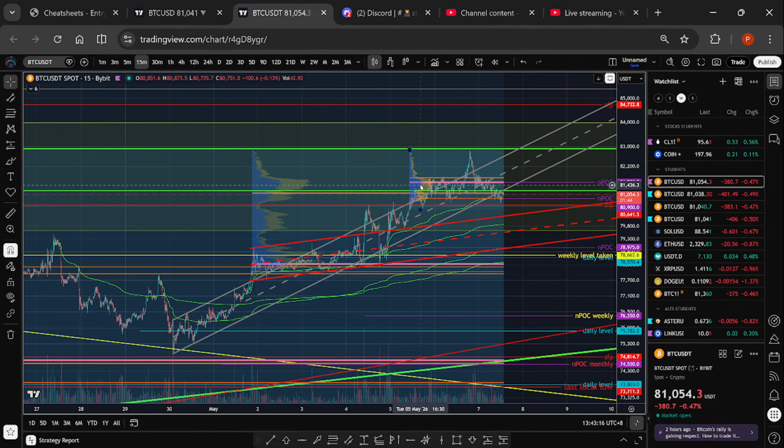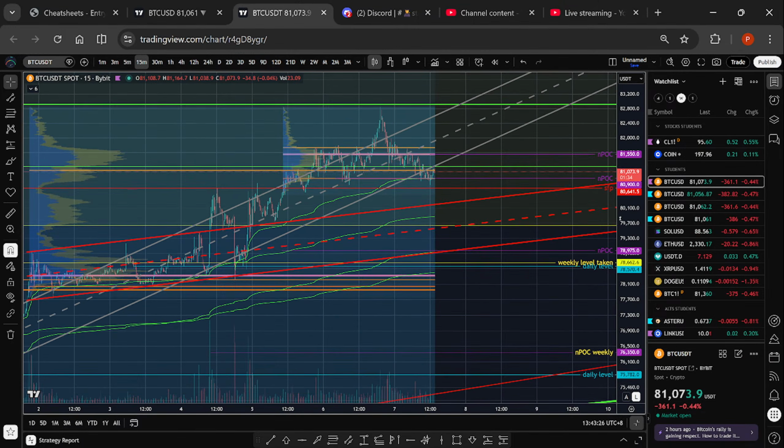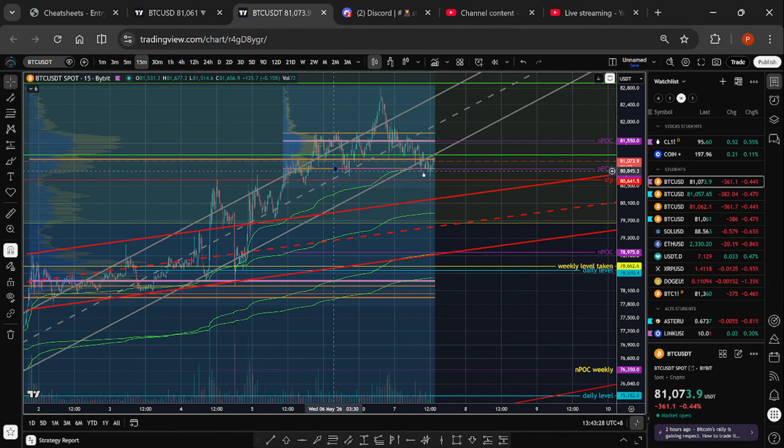You can see that I'm showing this square box. You can see we're at this orange line of it. Zoom in. See, we're at the value area low of this. We're at the VWAP. Okay, we're at an MPOC.